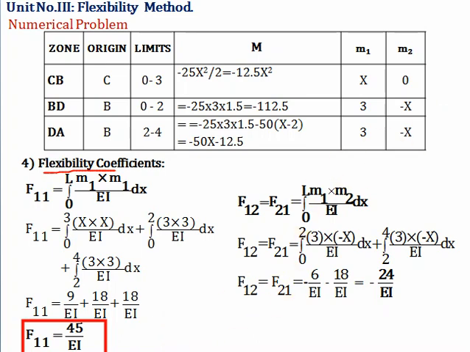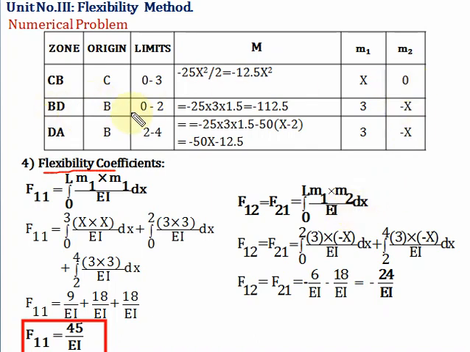Now we will find the second flexibility coefficient, F12, which is equal to F21. F12 means M1 multiplied by M2, so integration 0 to L of M1 into M2 upon EI into dx. For the first zone, as the value of M2 for zone CB is 0, the first term will be 0.